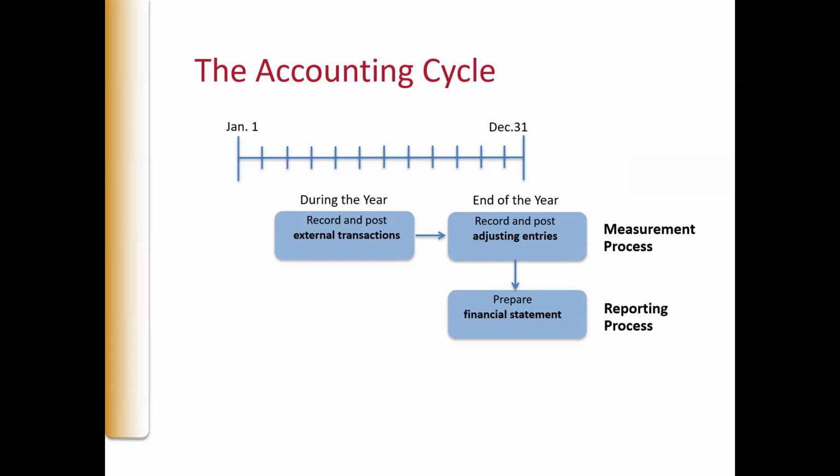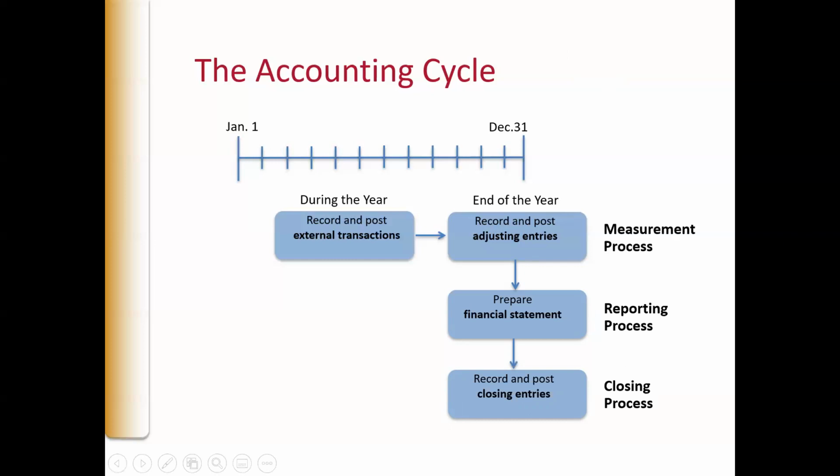But now that we're at the end of the period, this is when we're going to record these adjusting entries just to make sure our books are right. After we record these adjusting entries, then we're going to prepare financial statements. Does that make sense what we're talking about today? These adjusting entries to make sure our books are in order, are accurate.